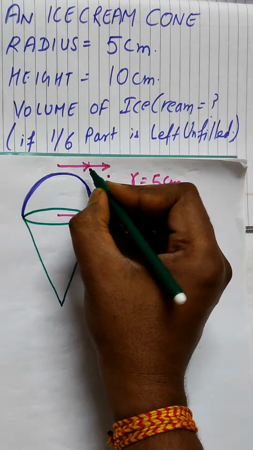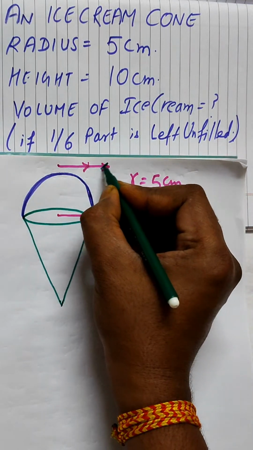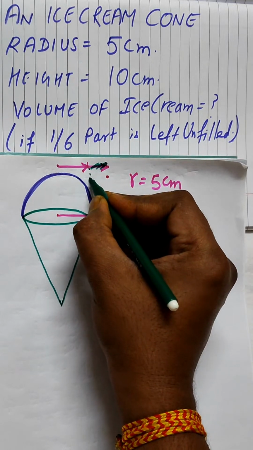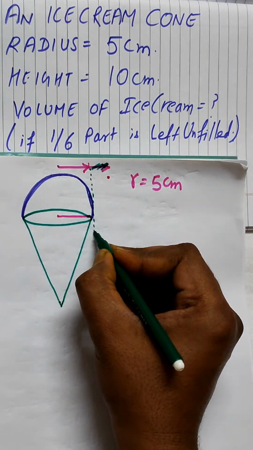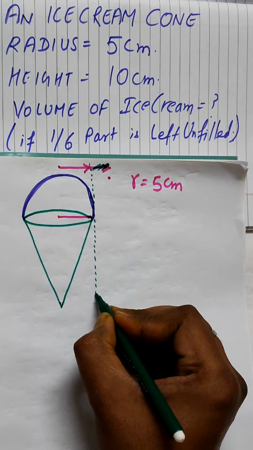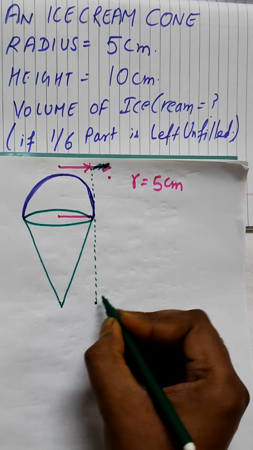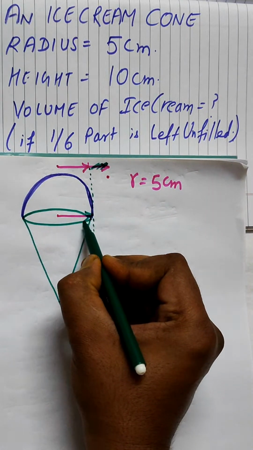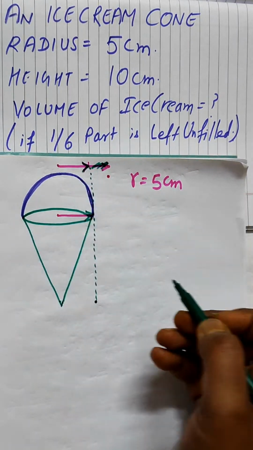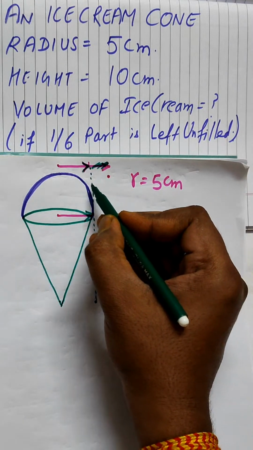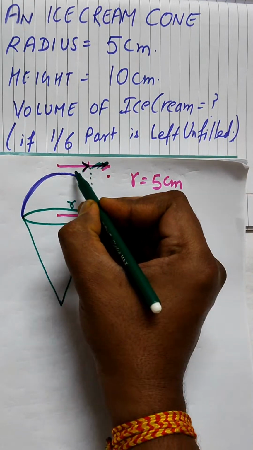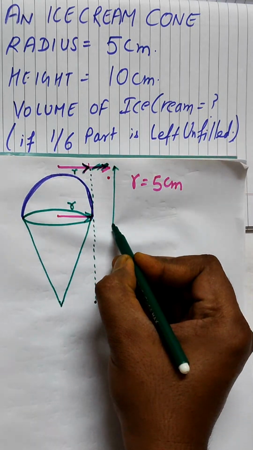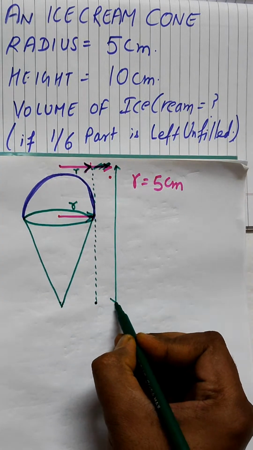Okay, I need to correct it, it's not this part, you can see from here. And this will be the height. So the radius will be till this point, and this is r, and this is the height which is given to you.